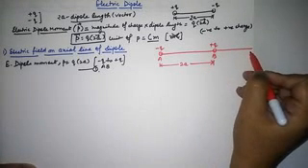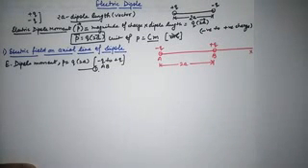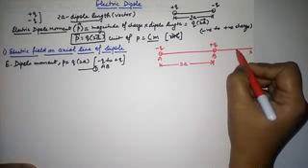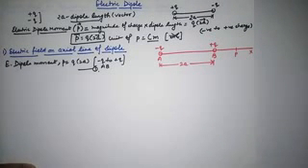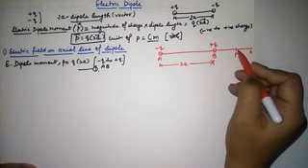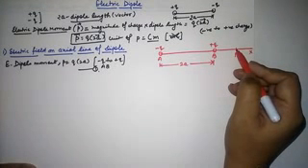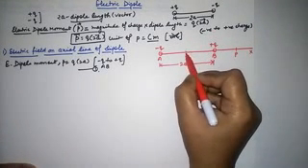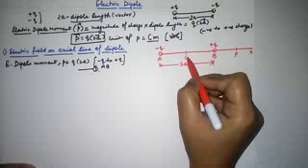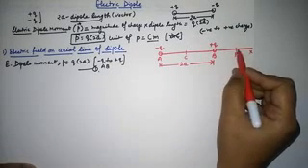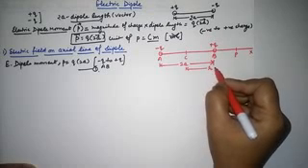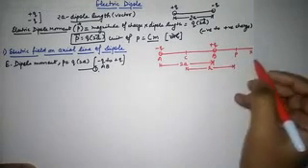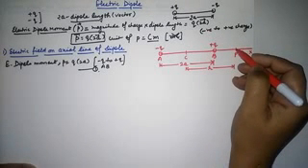Here we assume a point P at which we have to find the electric field, at a distance r from the center C of the dipole. So we have to find the electric field at P.